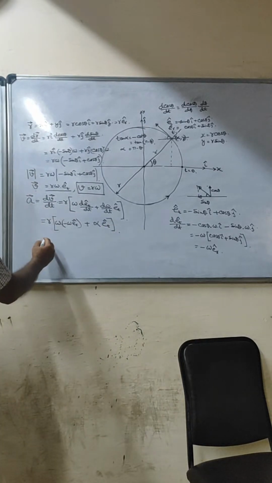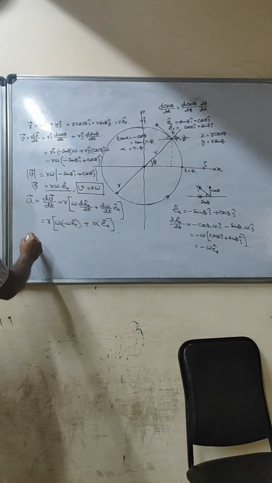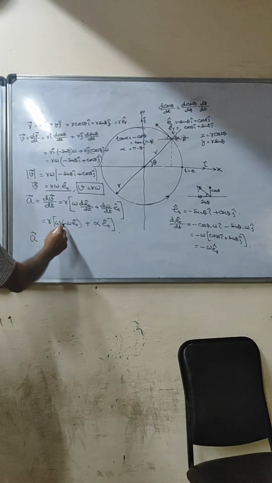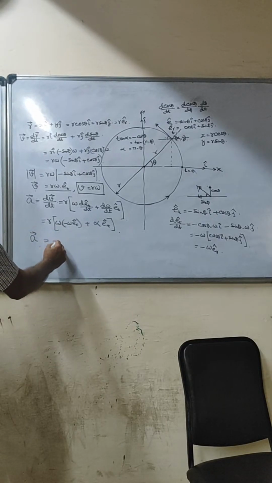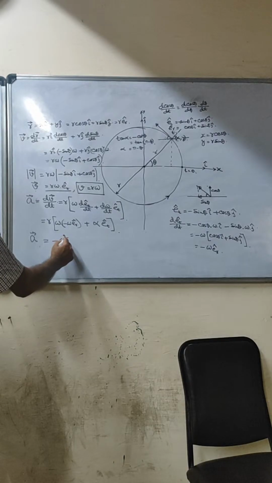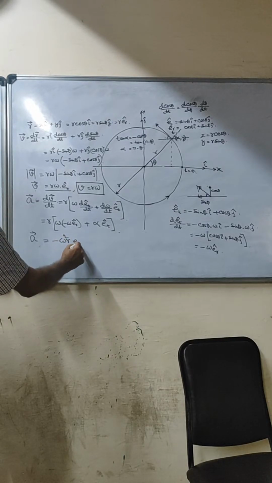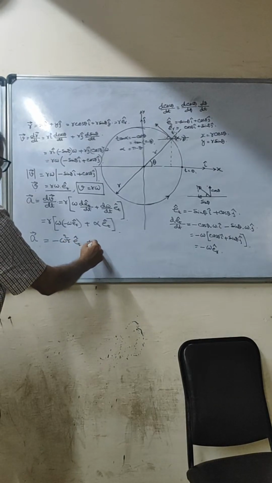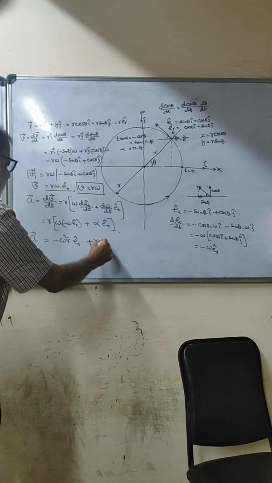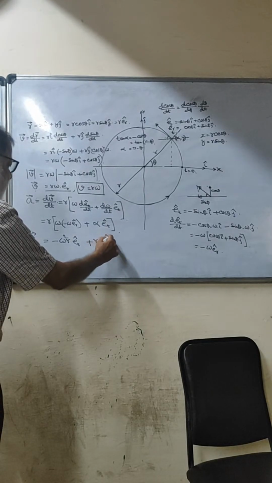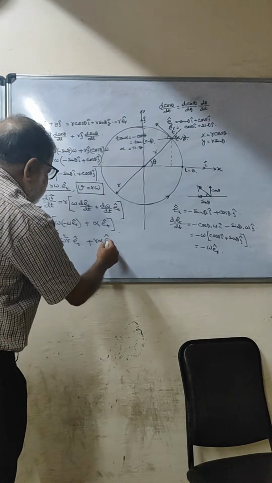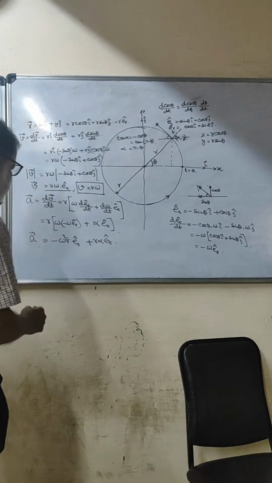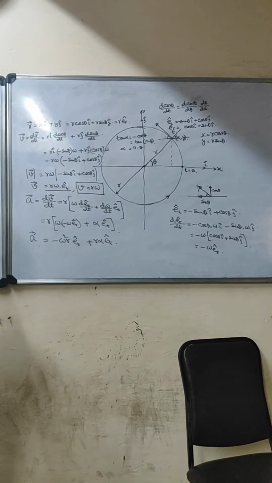So I get that the acceleration vector has two components. One is minus omega square r along the radial direction, and another is r alpha along the tangential direction. Clear?